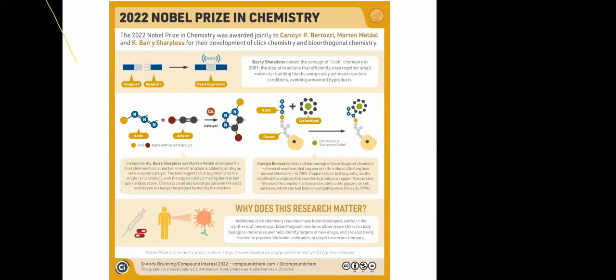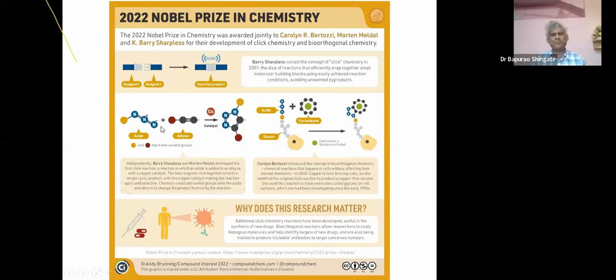See, I will show you over here in terms of some of the images. This is the terminal azide, and this is the alkyne, in presence of copper catalyst, which leads to 1,4 disubstituted 1,2,3 triazoles. And the same approach was taken by Professor Bertozzi in terms of biological systems, and they have taken some kind of cycloalkyne along with the azide.